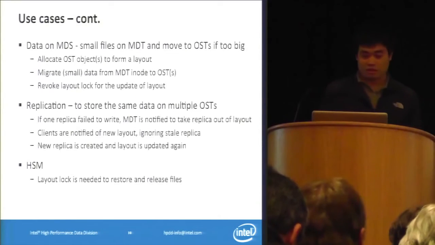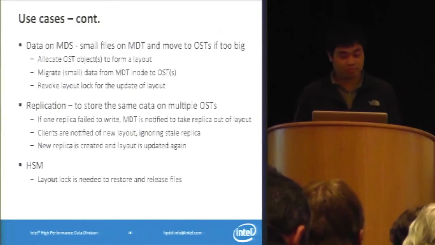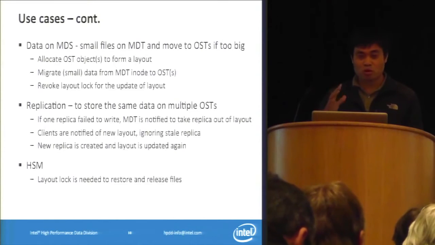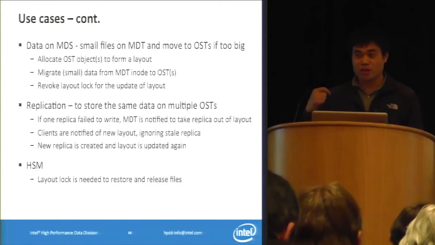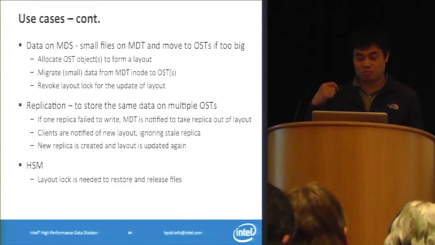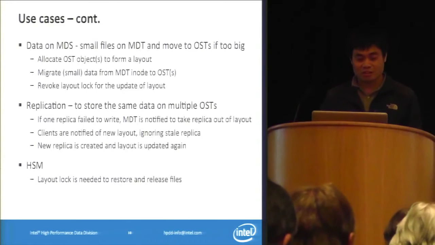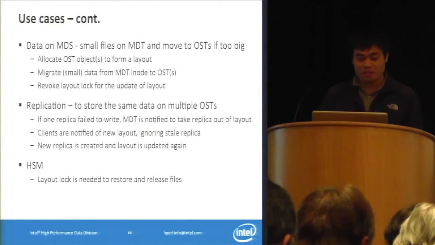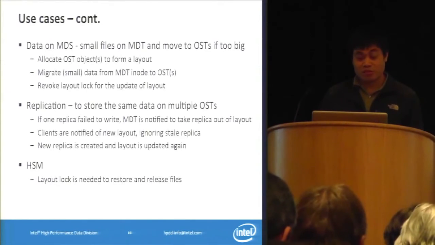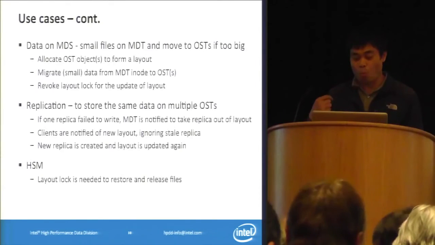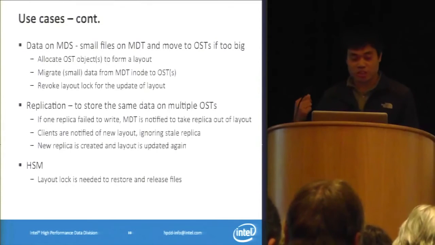Another use case is data on MDS. For data on MDS, we usually store small data on the MDT so that we can benefit from fast data access and fewer RPCs. If the file becomes larger, we definitely want to migrate it to the OSTs.